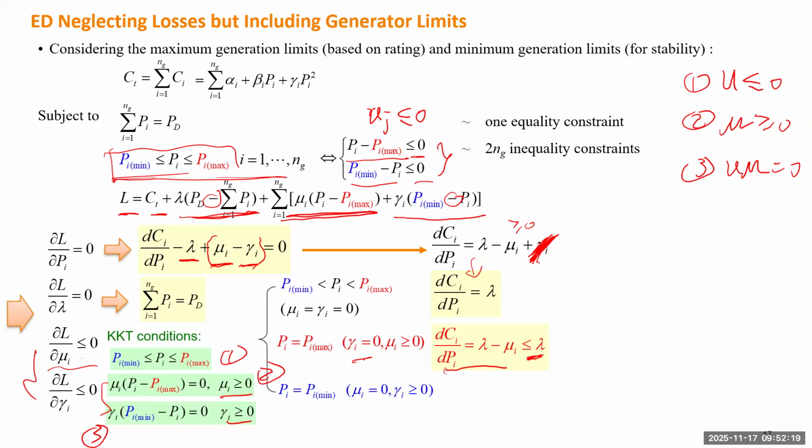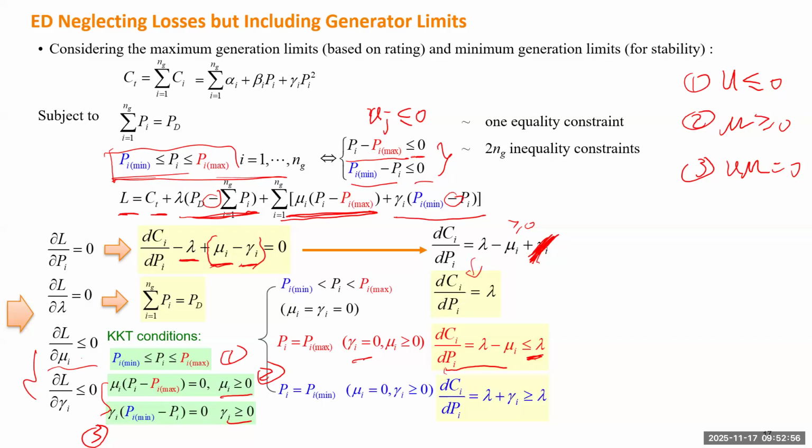So in order to reach the upper limit, it needs to operate at a price cheaper than the equilibrium. That sentence sounds reasonable. It's actually very logical, right? If you want a unit to generate at its maximum, it has to be cheaper than the other units. That's what this sentence is talking about.